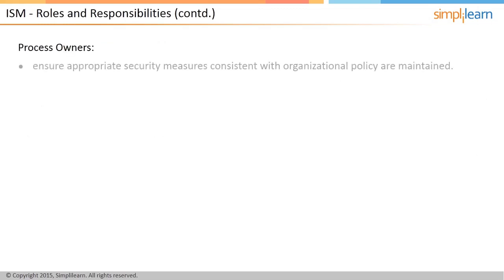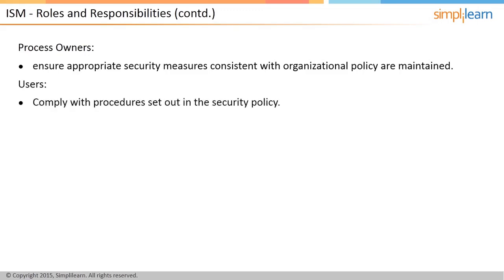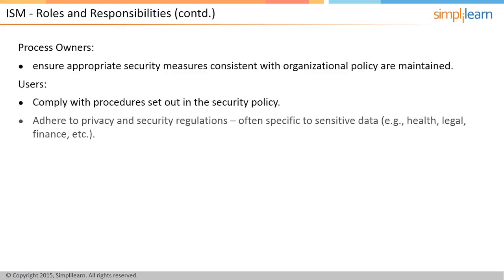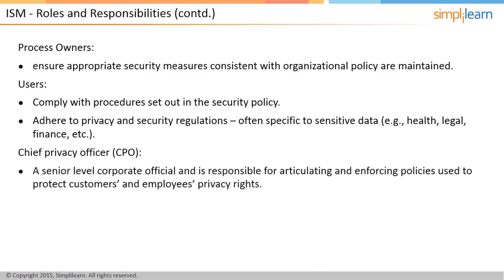Process owners ensure appropriate security measures consistent with organizational policy are maintained. Users comply with procedures set out in the security policy and adhere to privacy and security regulations, often specific to sensitive data, for example, health, legal, finance, etc. The Chief Privacy Officer, CPO, is a senior-level corporate official responsible for articulating and enforcing policies used to protect customers' and employees' privacy rights.